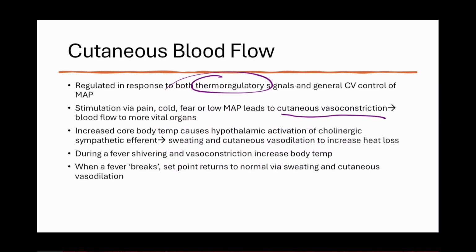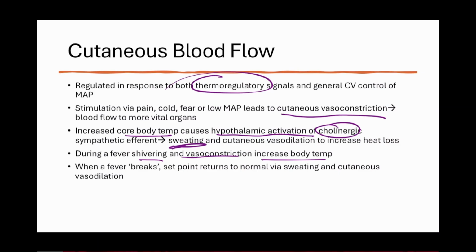Increased core body temp causes hypothalamic activation of cholinergic sympathetic efferents. It's cholinergic because it's going to the sweat glands to help with heat loss. During a fever, we talked about that in that general phys lecture, shivering, vasoconstriction, increased body temp.